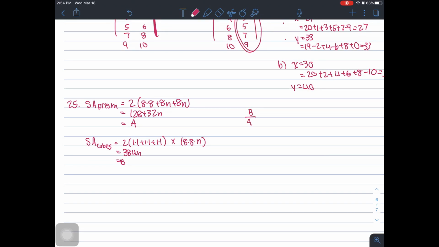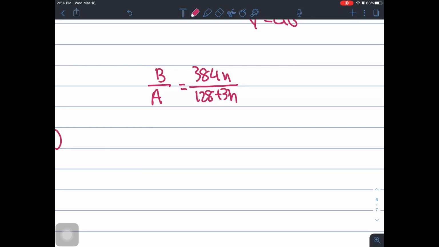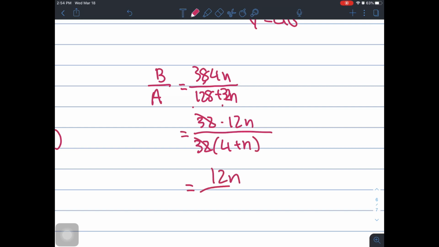And since you know that B over A is an integer, you also know that 384n over 128 plus 32n is an integer. You should also realize that all of these three numbers are multiples of 32. So to simplify this, you do 32 multiplied by 12n, over 32 multiplied by 4 plus n, and you can cross the 32 off, giving you 12n over 4 plus n.